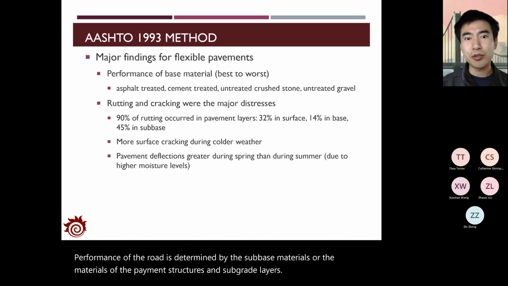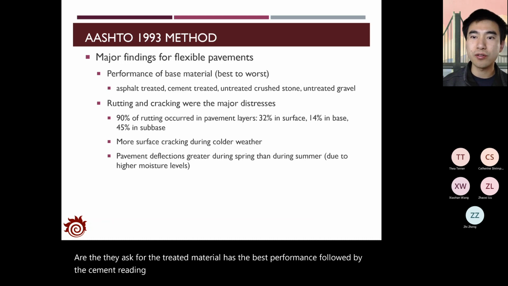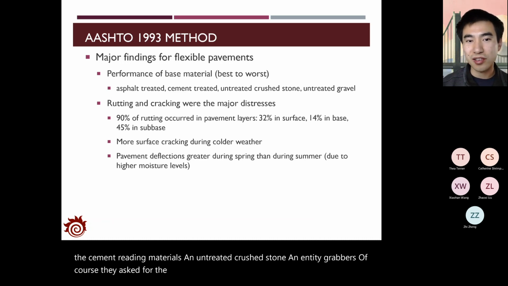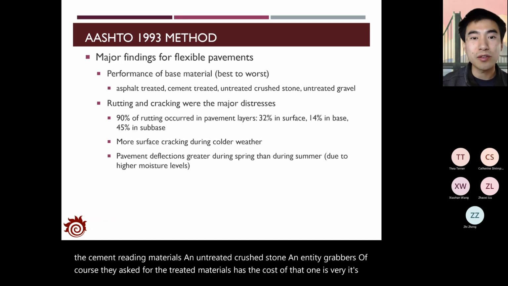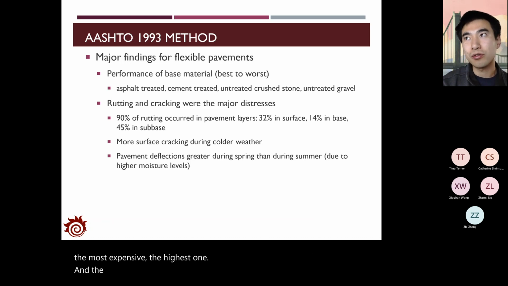The asphalt treated material has the best performance, followed by the cement treated materials and untreated crushed stone and untreated gravels. Of course, the asphalt treated material is the most expensive, and the untreated gravel is easy to obtain in the field, so it's pretty cheap.